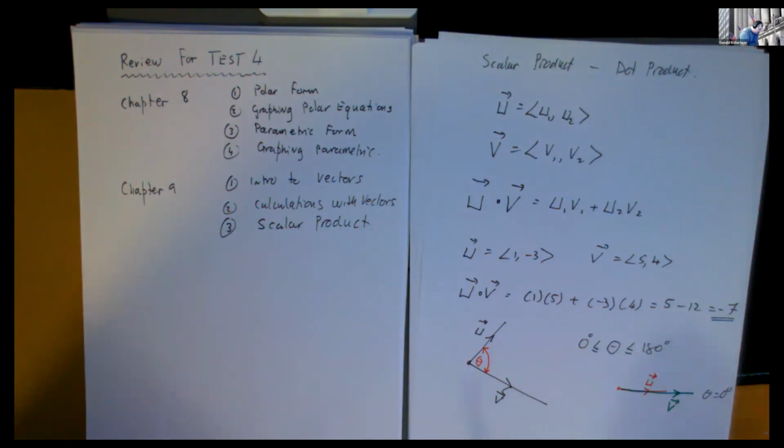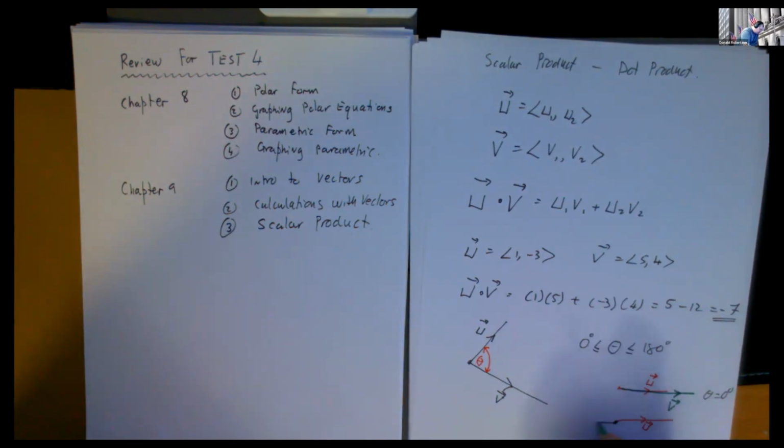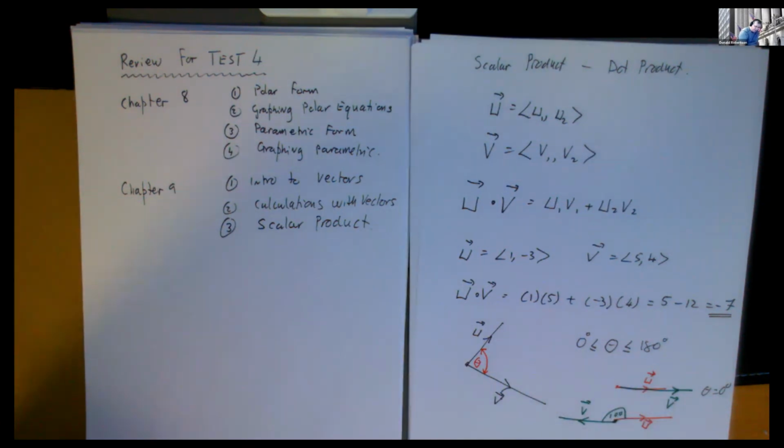You could have a situation where the vector u goes this way, and the vector v, although it starts there, goes in a totally different direction. In this case, theta would be 180 degrees.